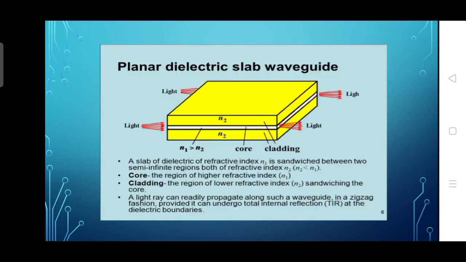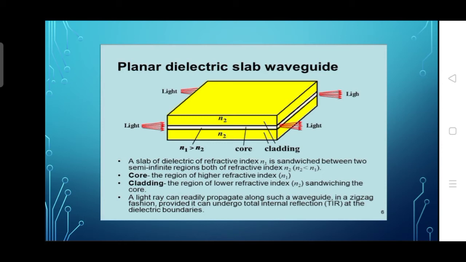So here is a planar waveguide. It is a planar dielectric slab waveguide. A slab of dielectric of refractive index N1 is sandwiched between 2 semi-infinite regions, both of refractive index N2, and N2 is less than N1.